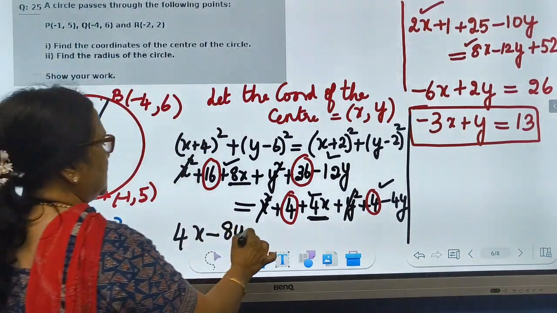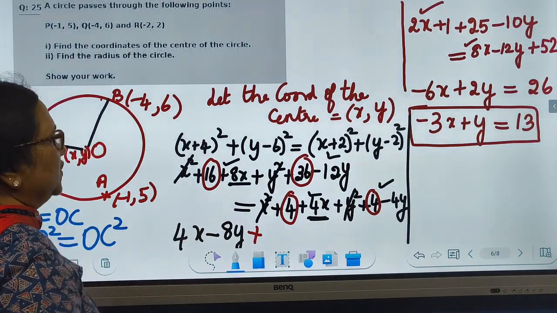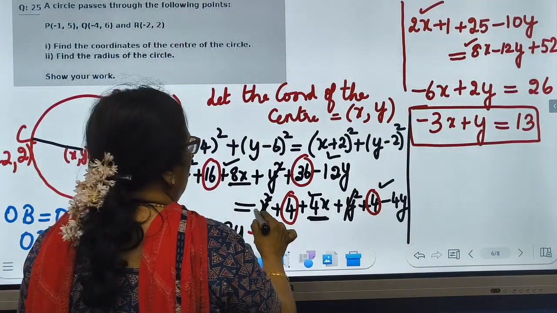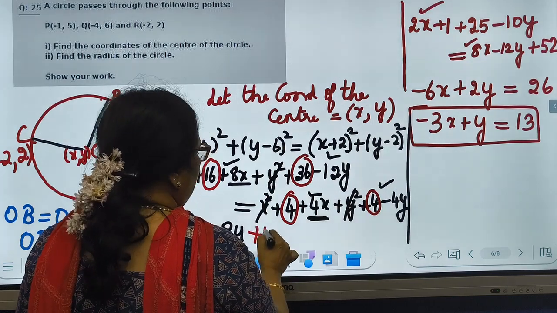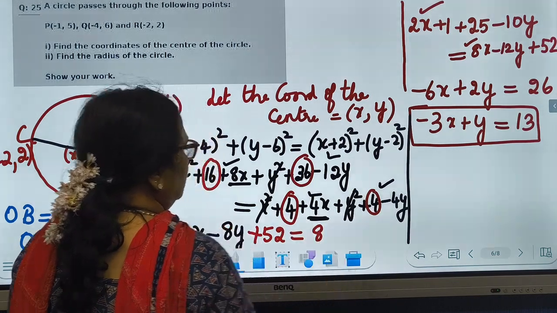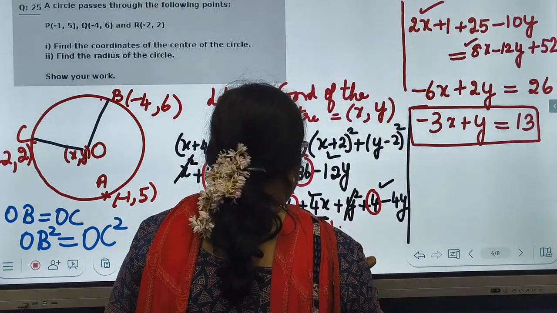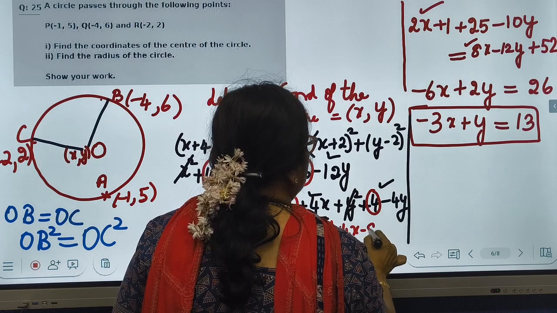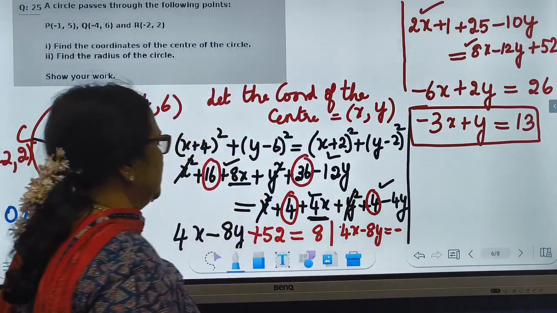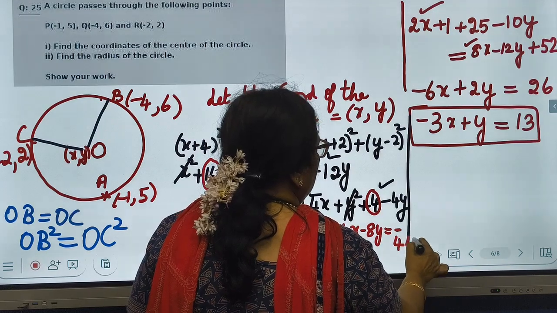So plus 36 plus 16 is what? 52. Correct? 36 plus 16, 52. So you will get minus 52 or plus 52 is equal to, here we have 8. So 4x minus 8y is equal to 8 minus 52, which is minus 44.